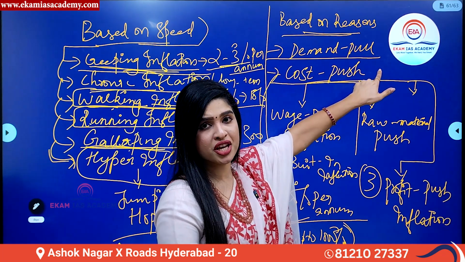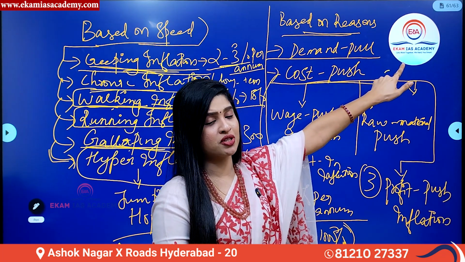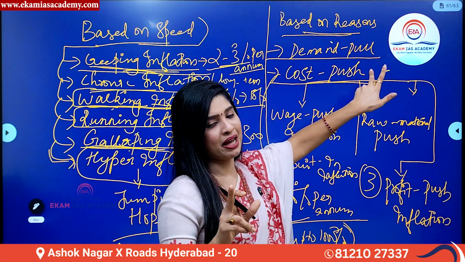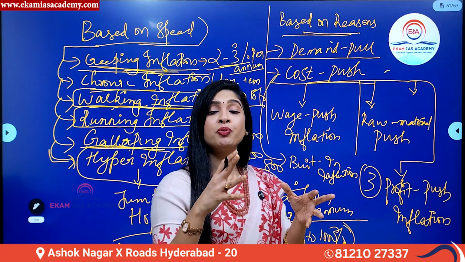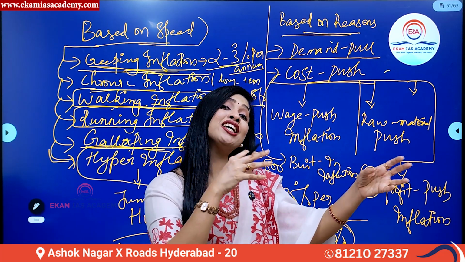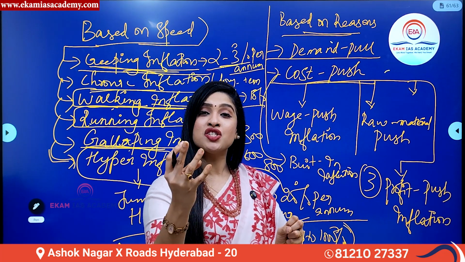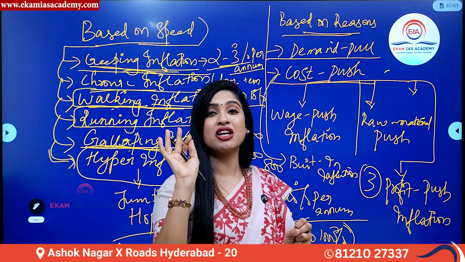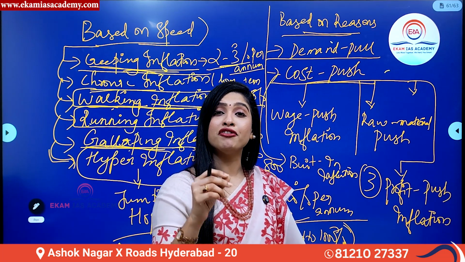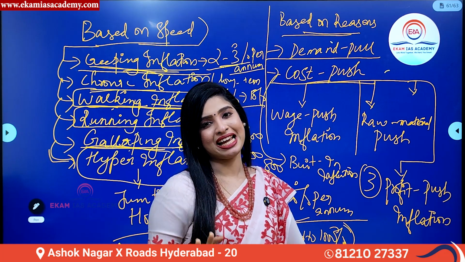Cost push is associated with the suppliers or producers, because demand comes from consumers and cost comes from suppliers. Cost push inflation means when there is a rise in the price of factors of production like rent, wages, raw materials, labor charges, etc., then automatically the final price of the commodity increases.